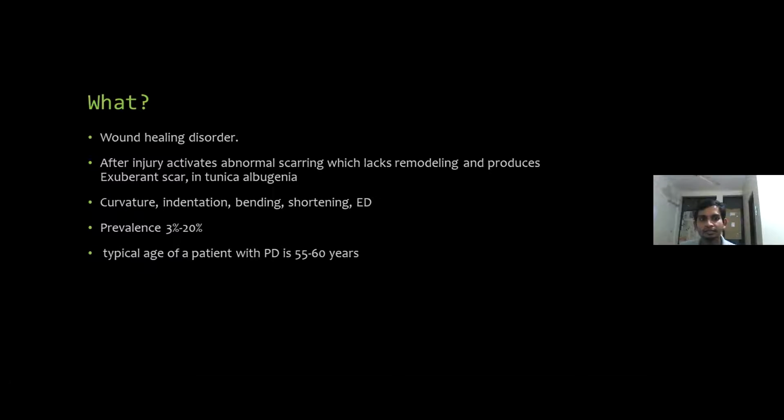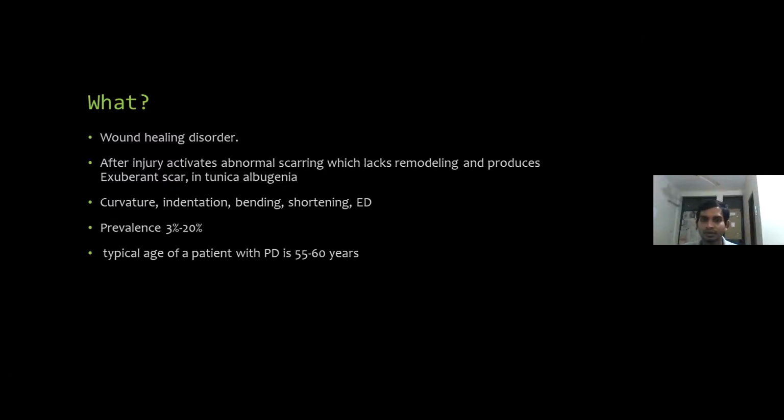Prevalence is around 3 to 20%, but patients with erectile dysfunction and patients with diabetes have a higher prevalence of Peyronie's disease. This disease mainly presents in the 5th decade of life, but it can present in patients in the teenage age group or even in their late 70s.